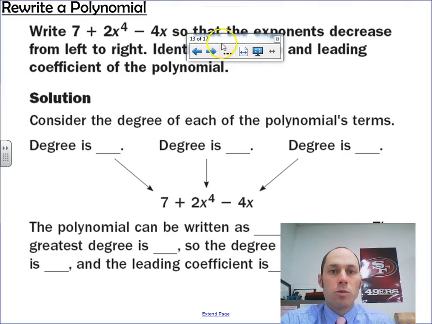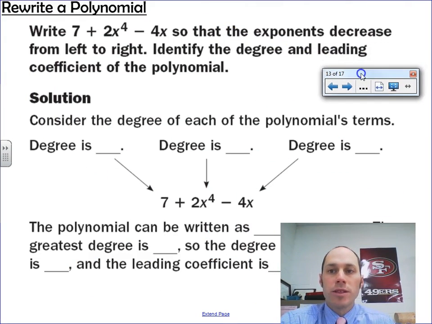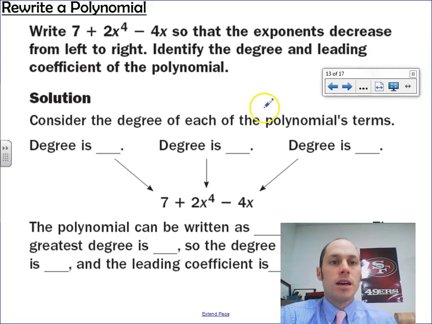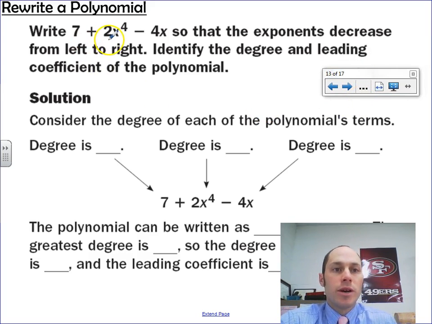So now let's talk about how we write polynomials. There's many ways to write things. Let's make sure we have the right format. So 7 plus 2x to the fourth minus 4x. Well, when you write a polynomial in standard form, we want the degrees to decrease from left to right. So as we look at the different terms, this first term is 7. That's degree 0, because really it's 7 times x to the 0.